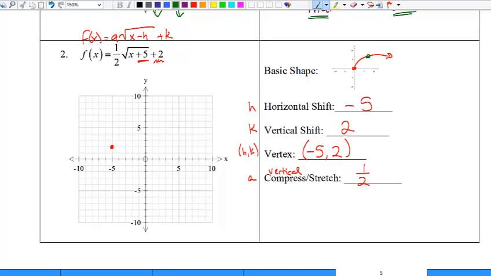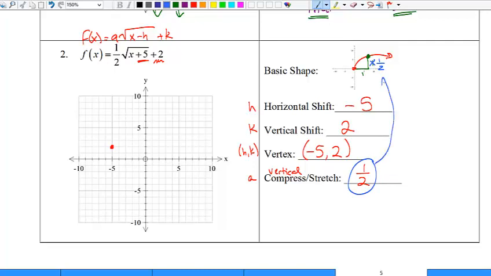The basic shape of a square root, normally all I do is get right 1 and up 1, which would be my parent function's key point. But instead of going up 1, I'm going to now go up 1/2. So I'm going to take that 1 out and put 1/2 instead. Why?